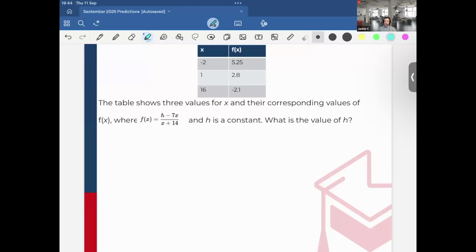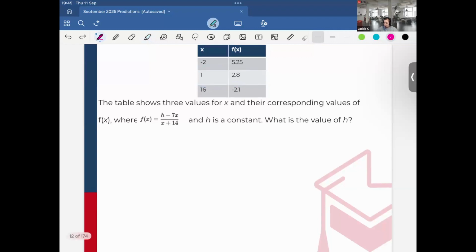Wasn't that amazing? Okay, but for those of you that would like to know how you could solve these just algebraically without any help of Desmos, all we would do is pick a coordinate, any one of the three in the table. I'm just going to go with the lowest coordinate here, 1 and 2.8.